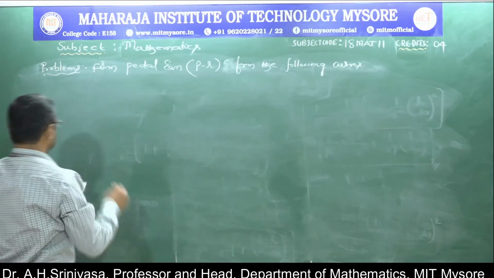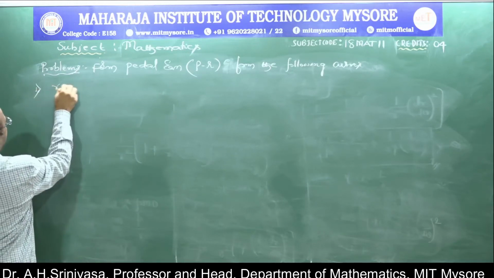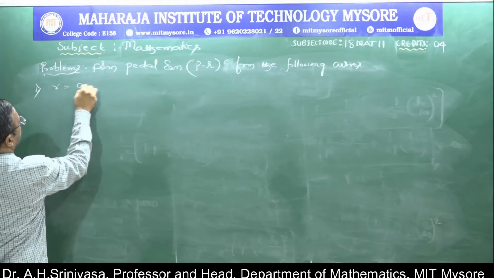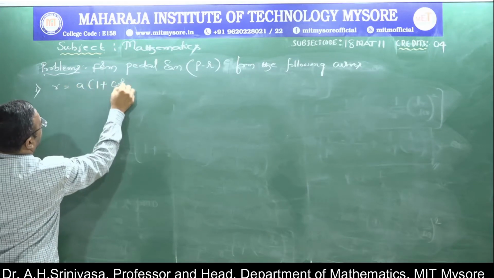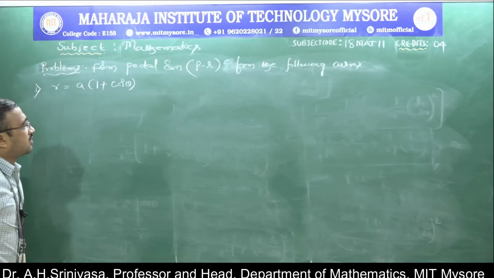The first one I am taking is the first example: r equal to a into 1 plus cos theta. So this is the first problem they gave.